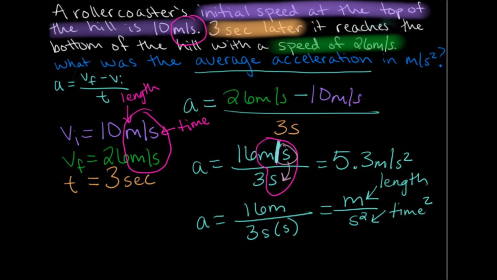So if I saw meters per second, I know that a length divided by time is a velocity. All I have to know now is which number came first in the problem. And so I know that my final velocity is going to be 26 because it has a length divided by time.